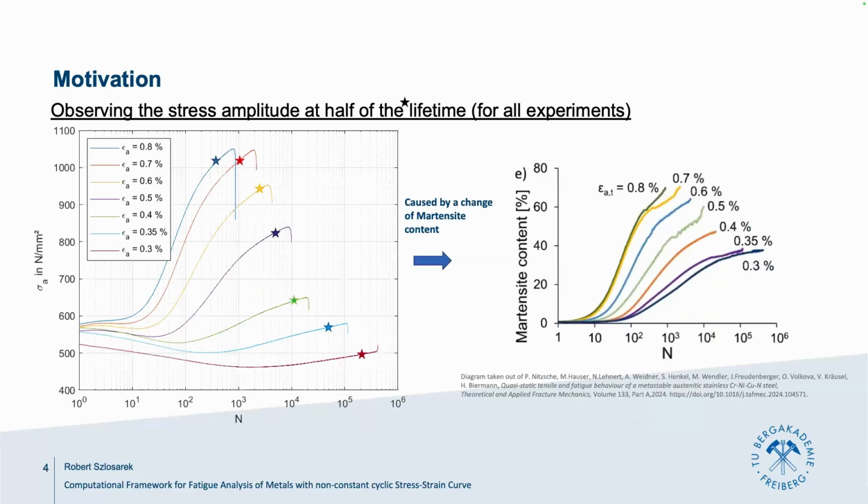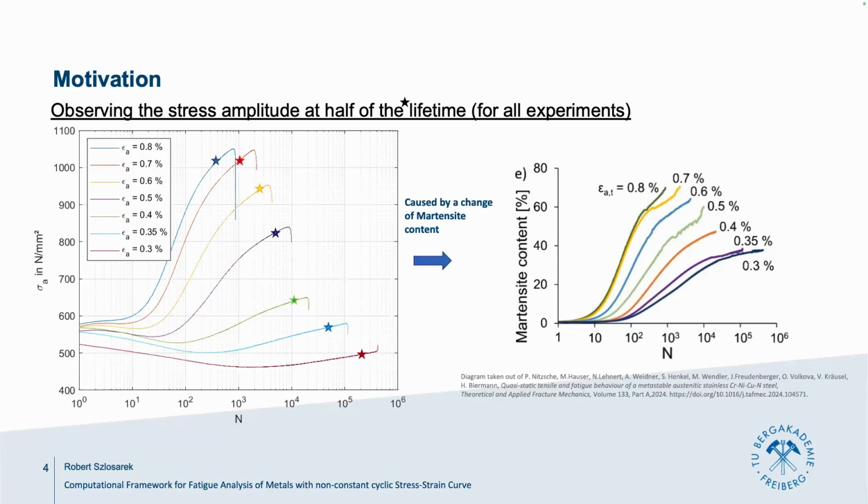And this is one test out of the test series. But if we look at the whole test series, on the left side, these are the stress amplitudes. We see this hardening effect occurs for a lot of the tests, especially for the tests with a high total strain.